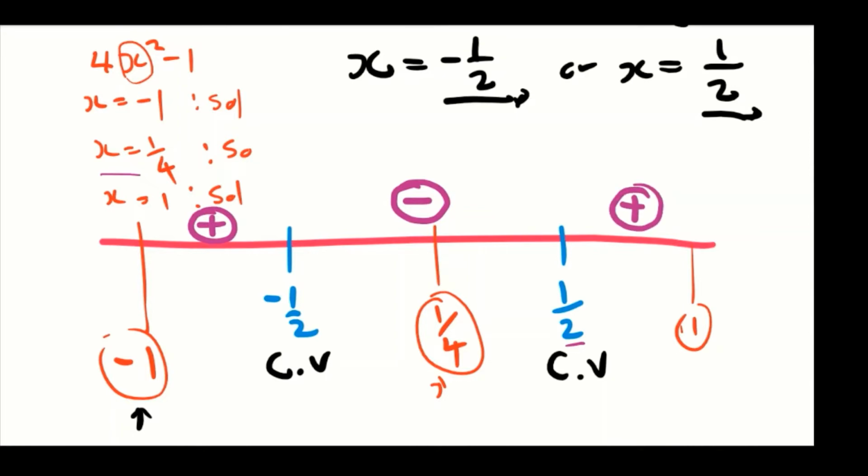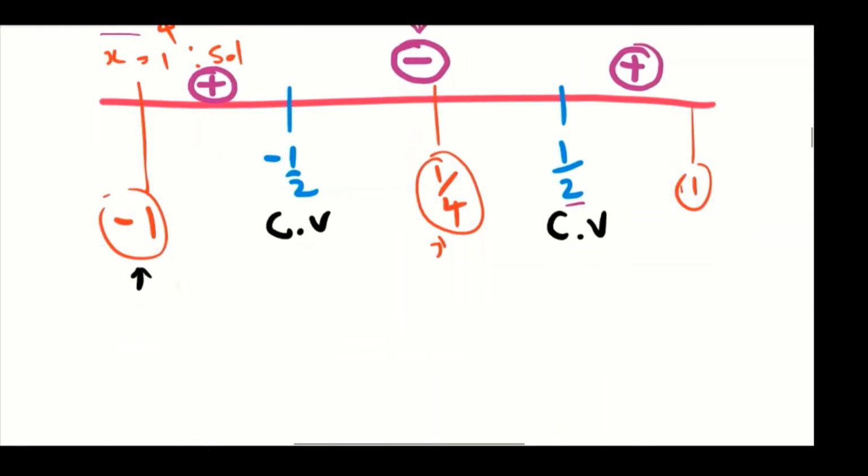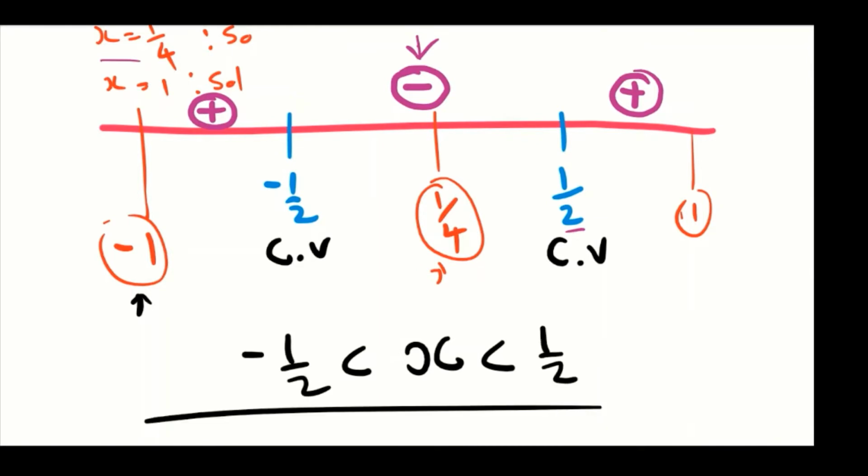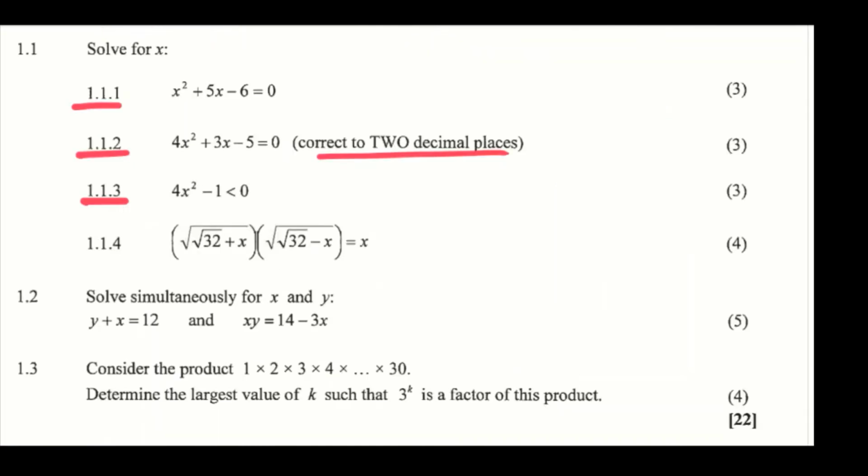So we're only interested in the negative solution of y, which is this one here. So you will conclude using your critical values. You will say x must lie between minus 1 over 2 and 1 over 2. So this is your solution for this problem here. Now we're going to do 1.1.4.